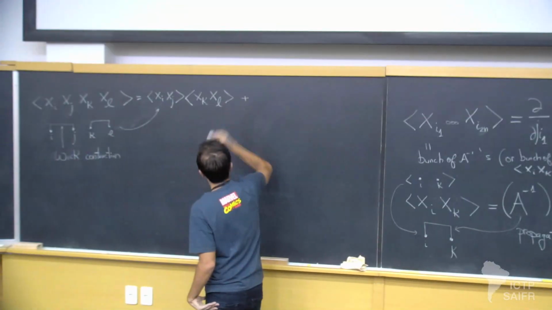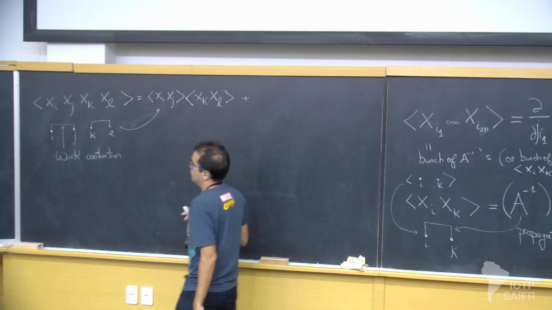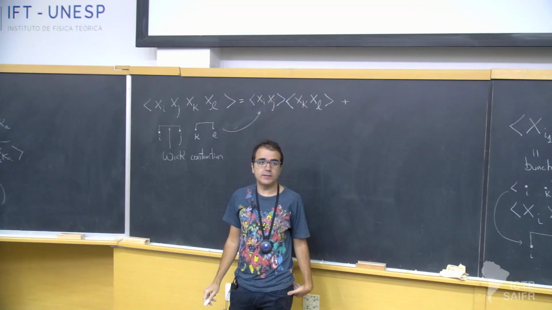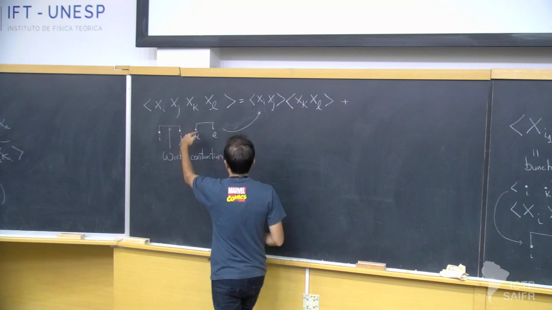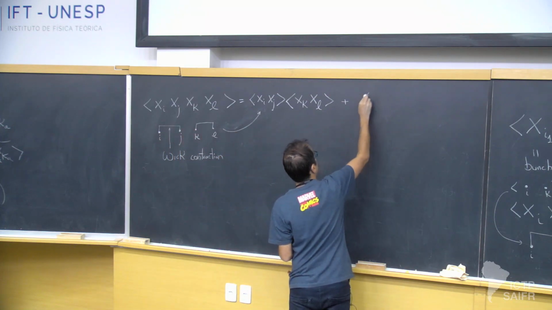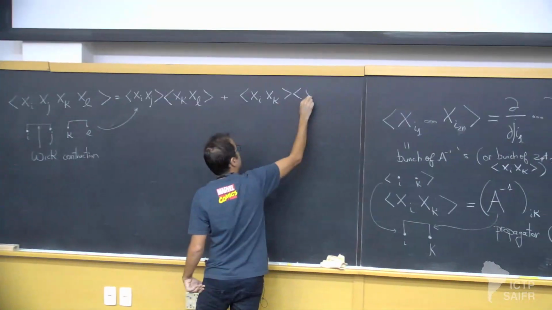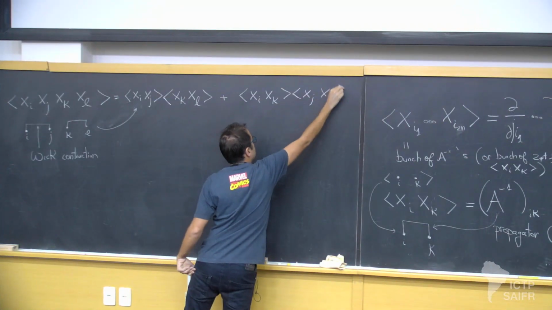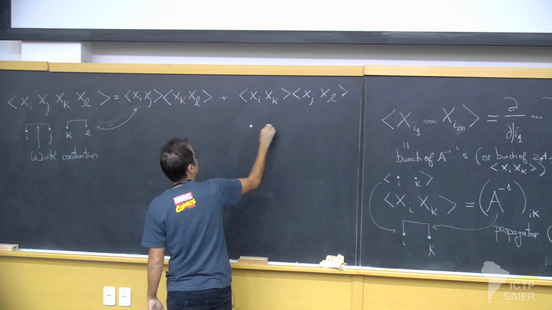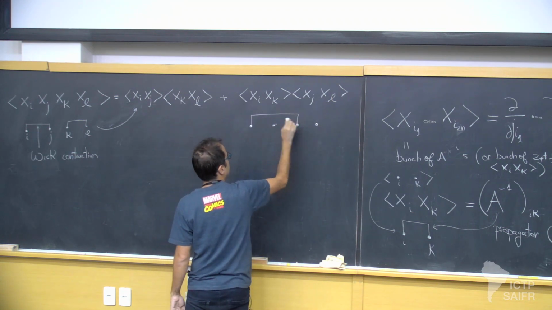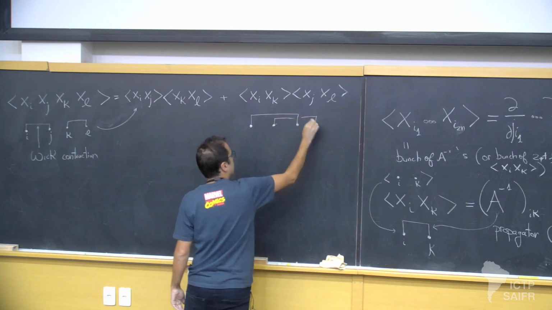Plus, what's the other option? One pair is i with j, k with l. What's the other possibility? I with k, right? So then there is the possibility xi, xk, xj, xl, which in pictures is very easy. We just contract this one and this one.